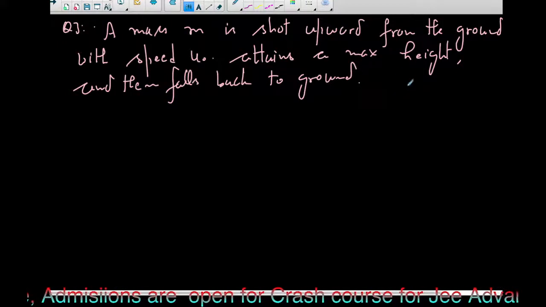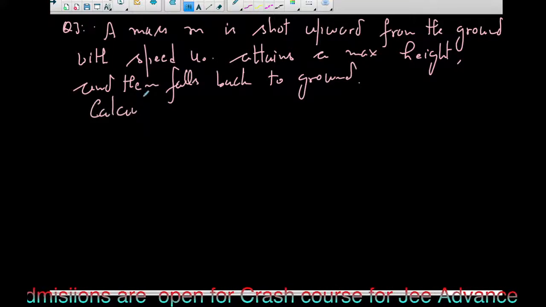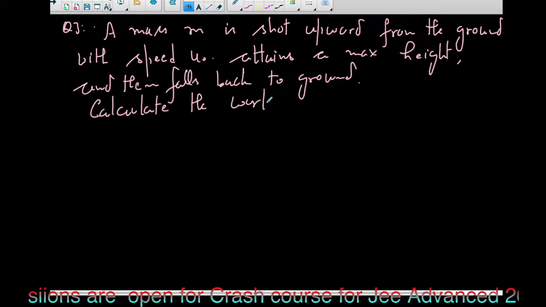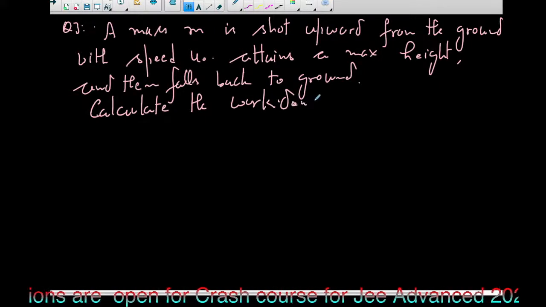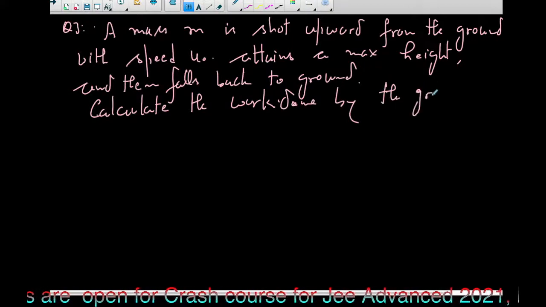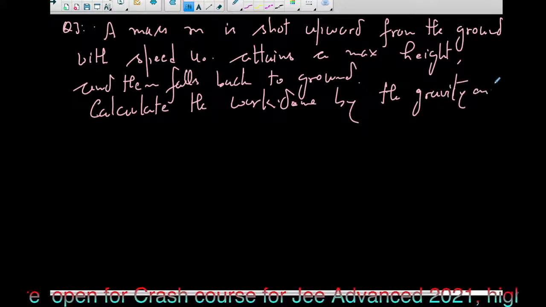Calculate the work done by gravity on the mass.